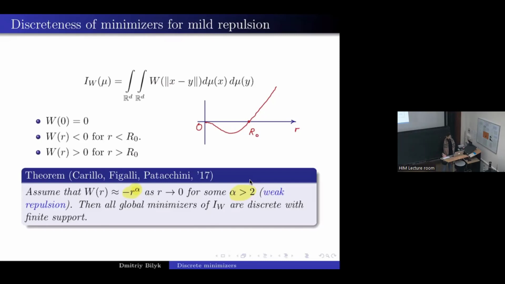This doesn't tell you that this is necessarily the only place where things break. It tells you they could break at a lower value of alpha, but for alpha greater than 2, for sure, you have discrete minimizers.